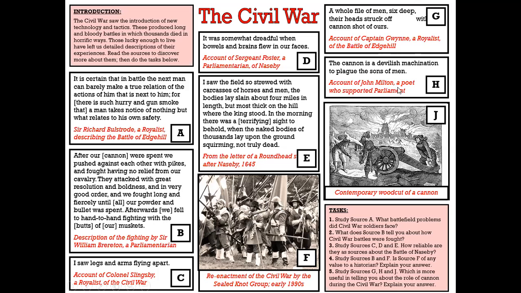Rather, to be useful, it has to tell you something that you need to know. You might already know it. And it has to tell you something that is helpful to understand how people saw it at the time. But look, it's the role of cannon during the Civil War, not necessarily in battle, but how people saw cannon.